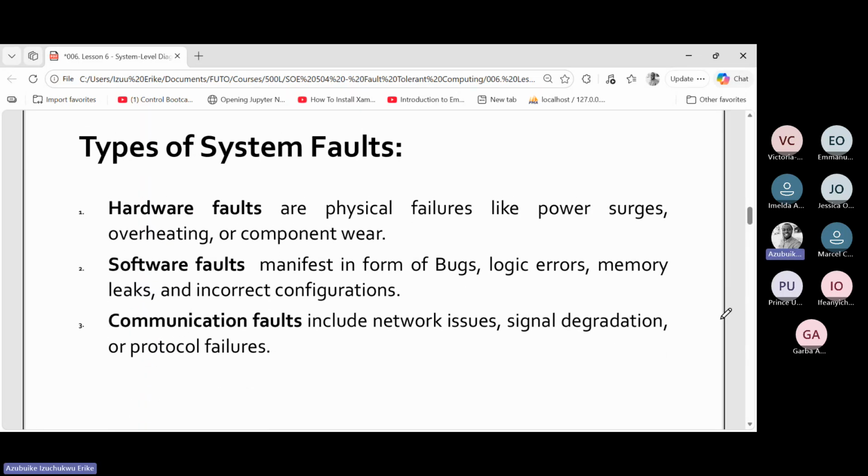We have types of system faults that we can encounter in the process of our work. Number one is hardware faults. And these ones are physical failures that we can notice: the power surge, overheating, component wear, and so on and so forth.